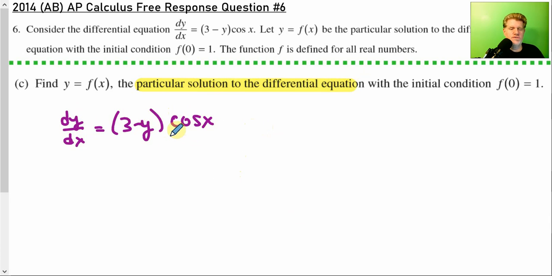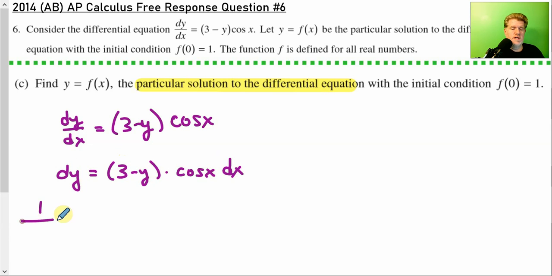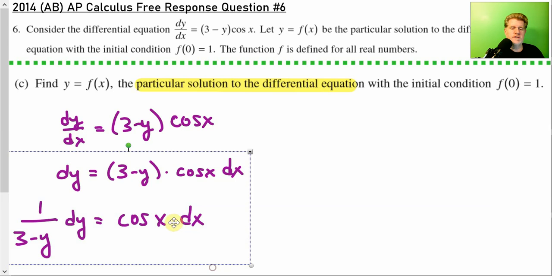I'm going to multiply both sides by dx, so cosine x dx. Now I get the y over here. And there is my equation. I have separated the variables.